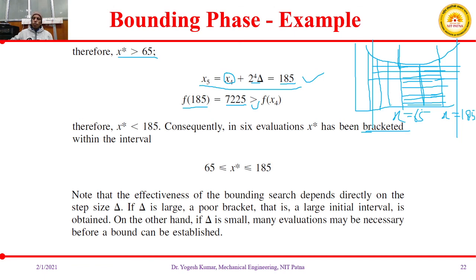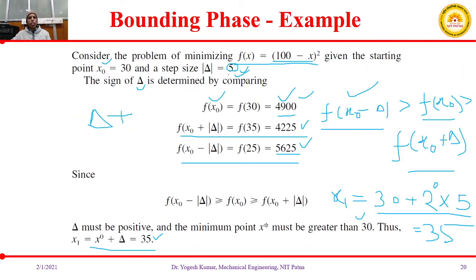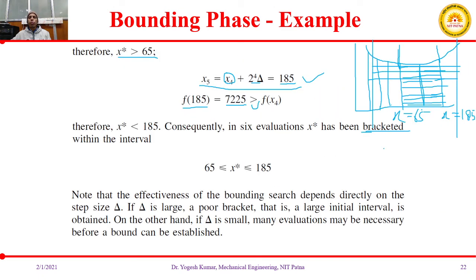And if you take the step size very low, suppose you take step size as 1, what will happen? The number of steps required to find out your bounding phase or the bracketed region will increase.